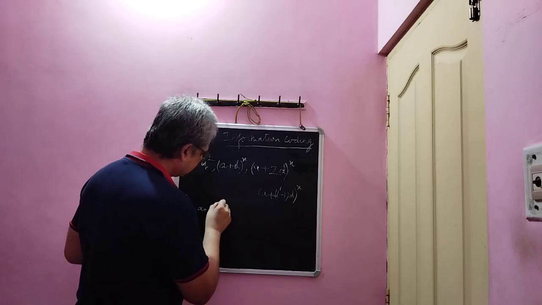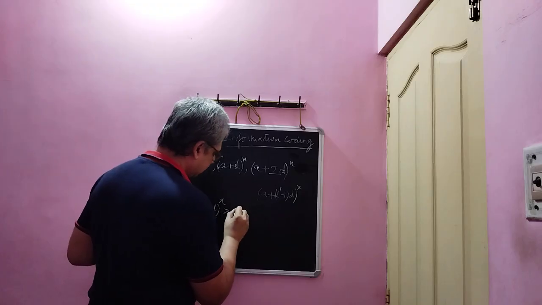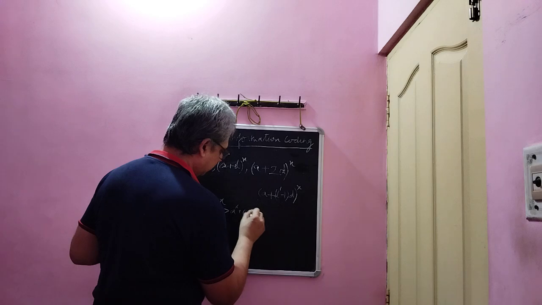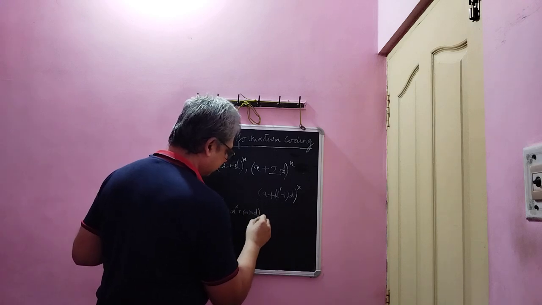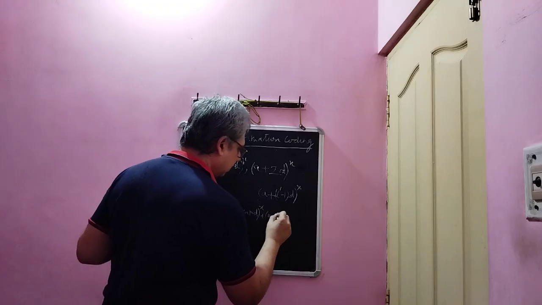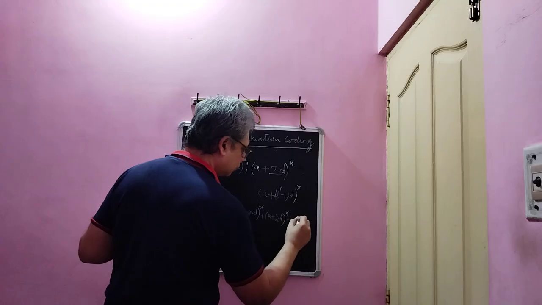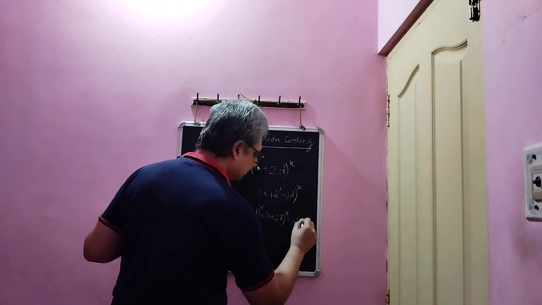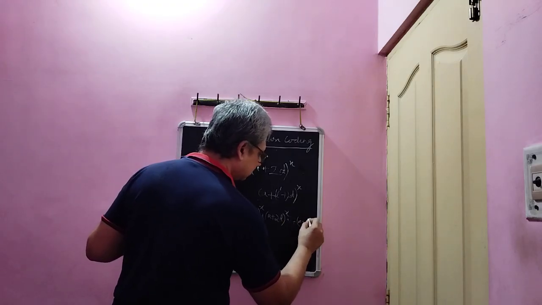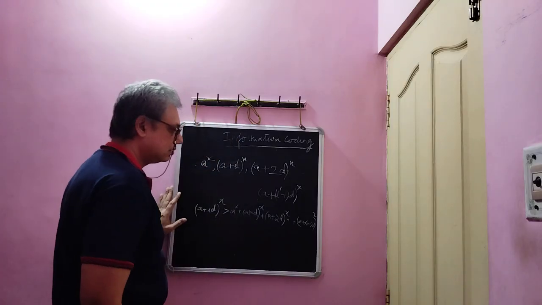so we must have a plus id whole power x greater than a power x plus a plus d whole power x plus a plus 2d whole power x, and so on up to a plus i minus 1 into d whole power x, right?